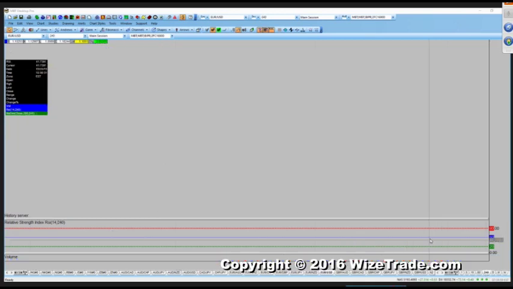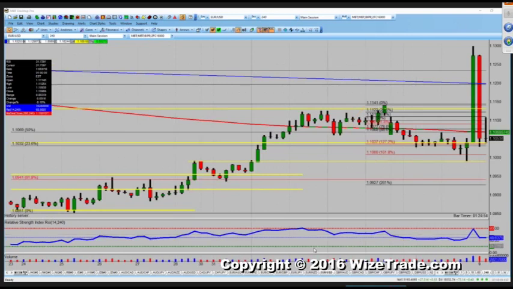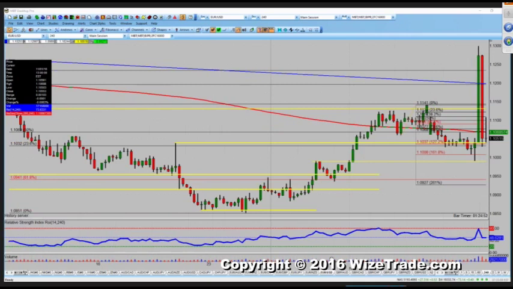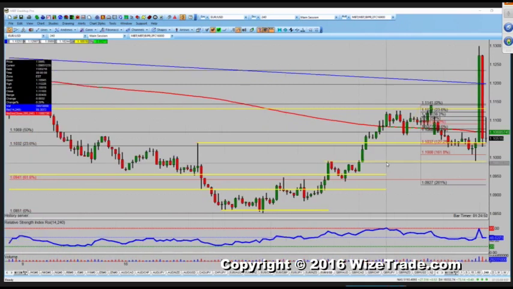But I'll tell you this much: if you look at what we wrote down yesterday, and maybe you guys can help me out, those of you that did the bias chart, what was the support we wrote down for the euro yesterday? Do you guys know what that was? 110. Okay, and we drew this yellow line, right?